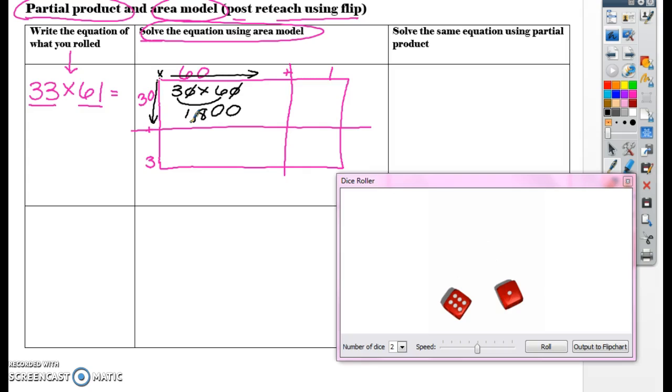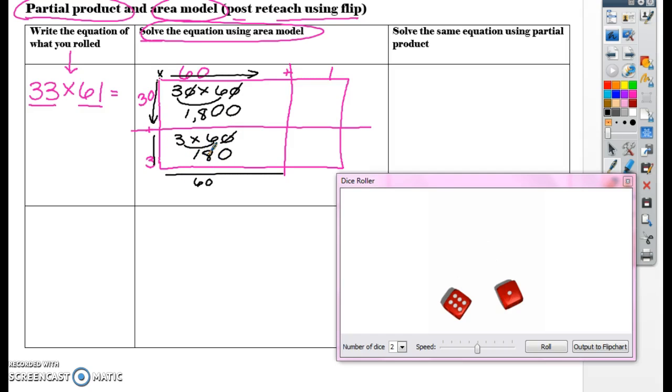Now I'm going to move on. I'm going to do 3, length times width. 3 times, if this is 60 up here, this is 60 down here. So it'd be 3 times 60. Again, because I'm old, I'm going to use my power of 0. I have 1 zero. Now, 3 times 6 is 18.